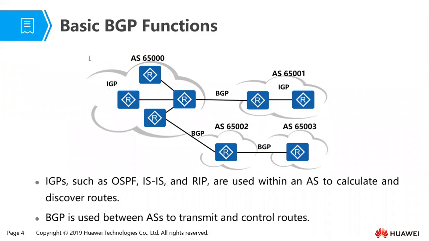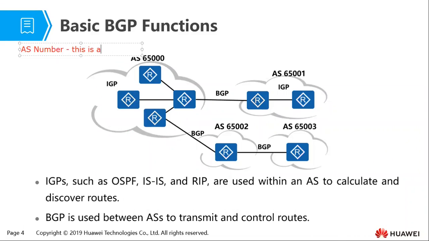Now, on the internet, most of the ISPs or an autonomous system is uniquely identified by what we call an AS number.